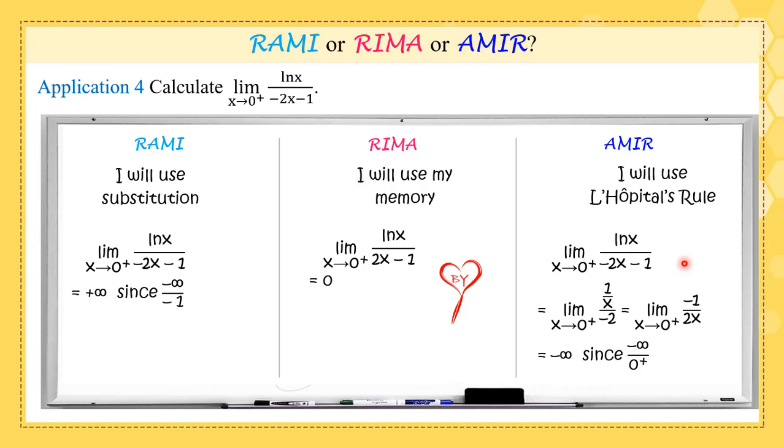Remember, dear students, we cannot use L'Hopital's rule unless we have infinity over infinity or 0 over 0. So L'Hopital's rule cannot be applied here. Rami's answer is correct, Rima's answer is not correct, and Amir's answer is not correct.